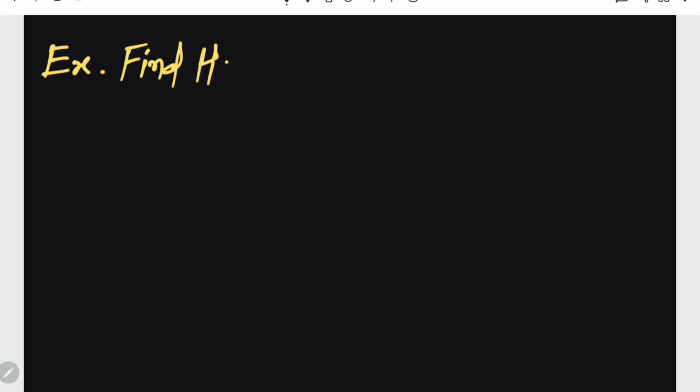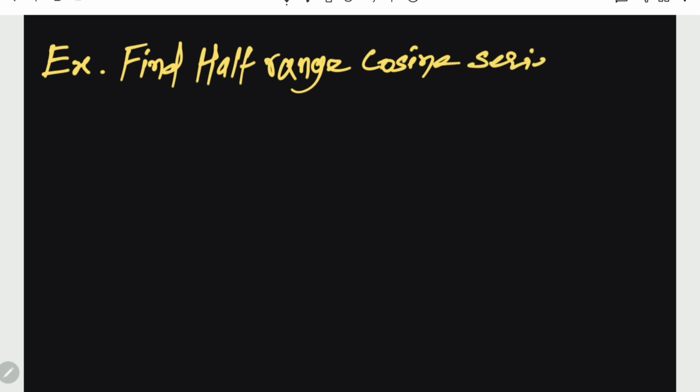Example: find the half-range cosine series for the function f of x, which has two values.